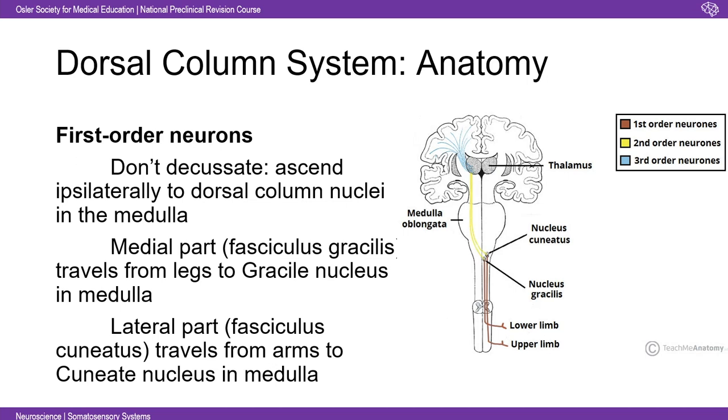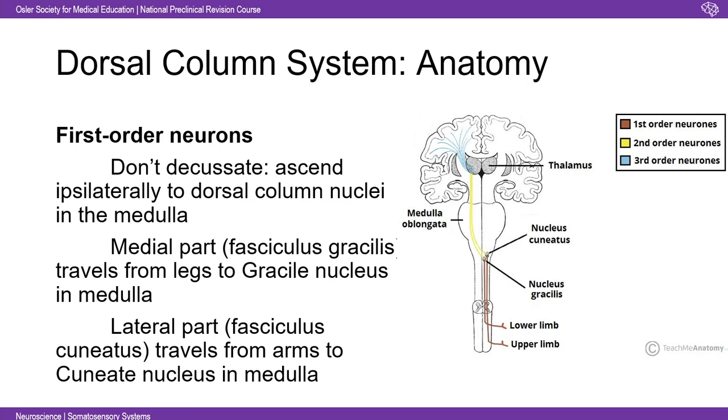As you can see on this diagram, I know it's very small, but I wanted to keep it quite simple. The lower limb is medial, and that goes up to the nucleus gracilis, whereas the upper limb is more lateral, and that goes up to the nucleus cuneatus. So just be aware of the separation of upper and lower limb in the dorsal columns.